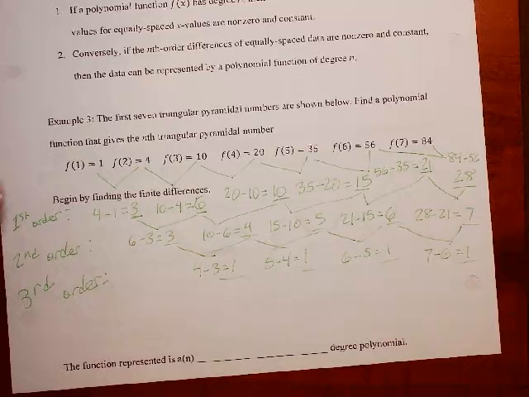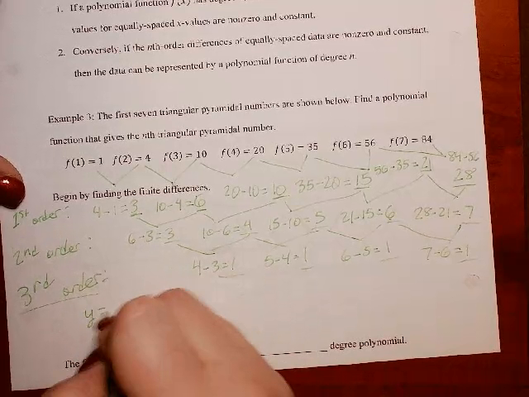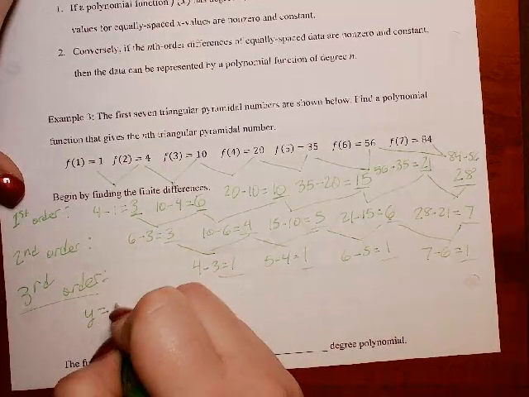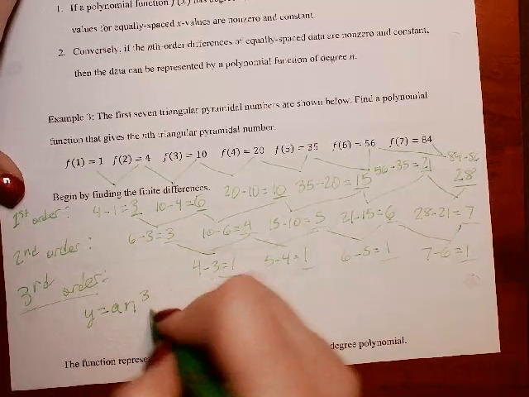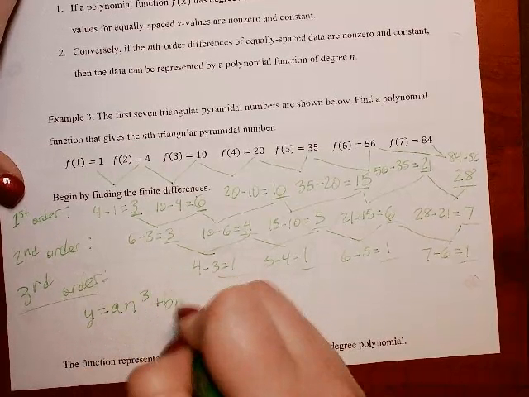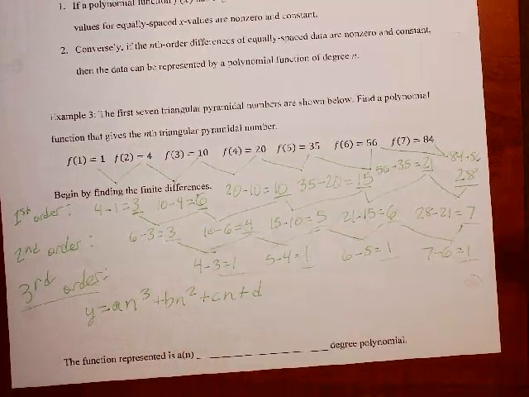So y equals a n cubed plus b n squared plus c n plus d. So now we are going to plug in our numbers to a matrix.